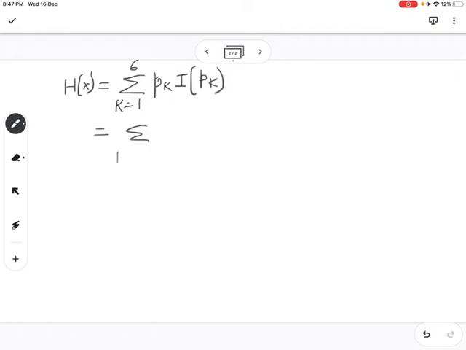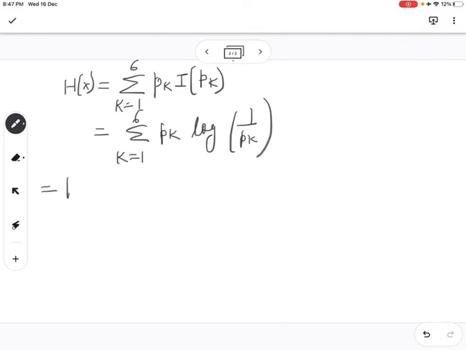So it is like this: k equals 1 to 6. This is your pk. For information, the formula is log 1 upon pk. So I'm going to solve this.